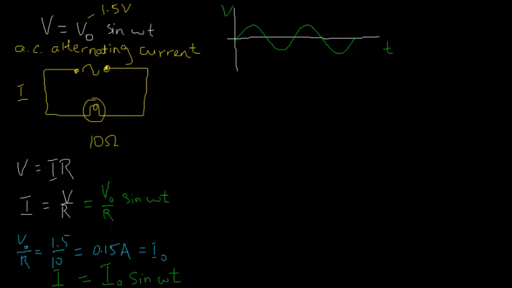So if I now sketch a graph of the current, it will look pretty much the same as for the voltage, because both the current and the voltage follow the sine curve.